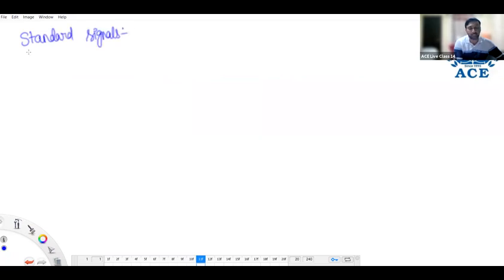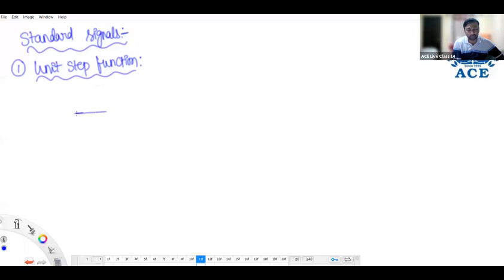The standard test signals which we are discussing, the first one is unit step function, represented as u of t.